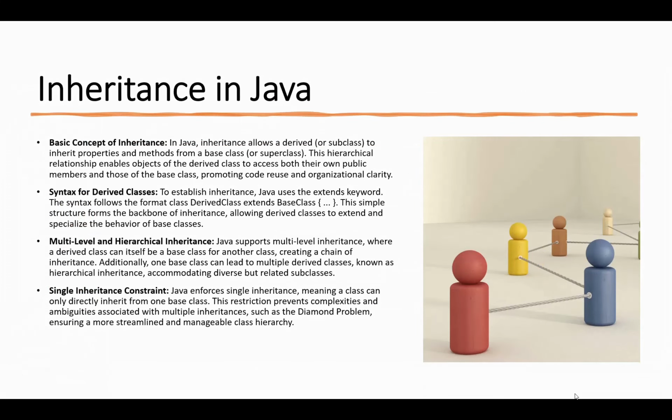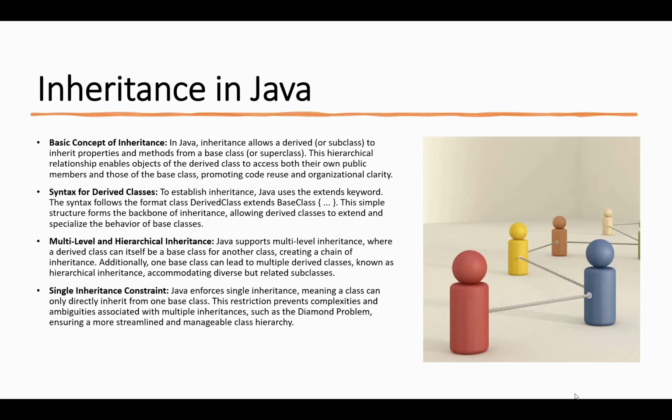So, single inheritance. Java restricts a class to inherit from only one base class. Attempting to inherit from multiple base classes, as in class house extends property, will lead to a compiler error. This constraint simplifies the inheritance model and avoids complexities like the diamond problem, ensuring clarity and consistency in the inheritance hierarchy.